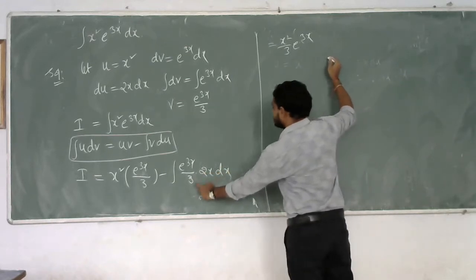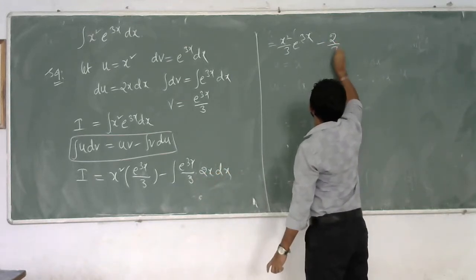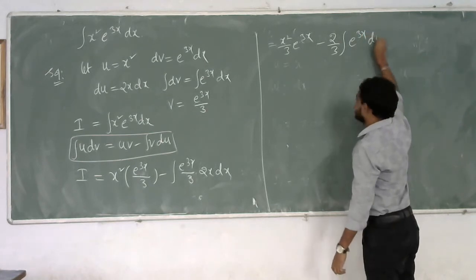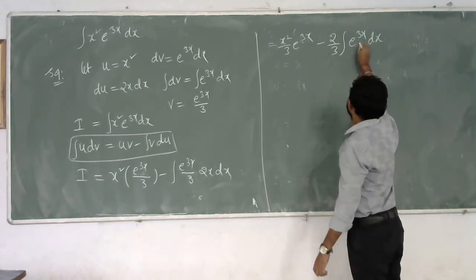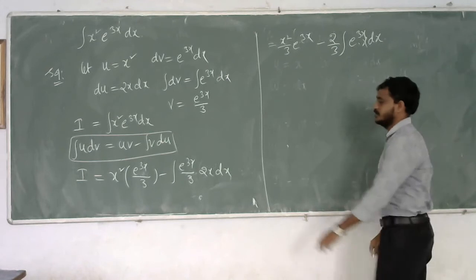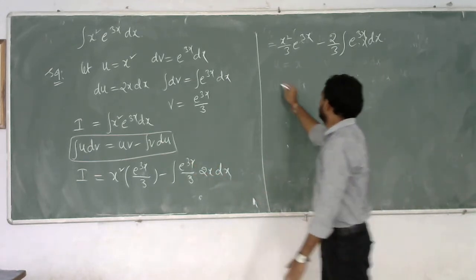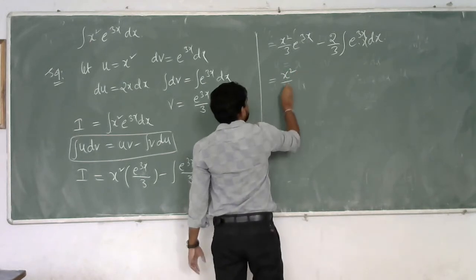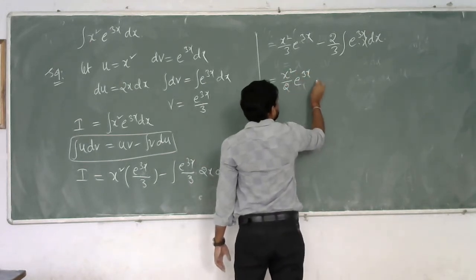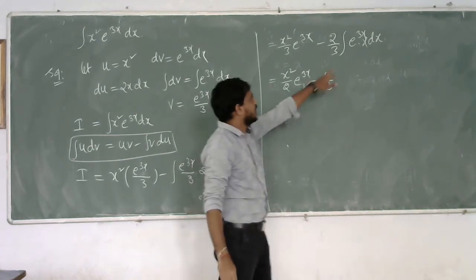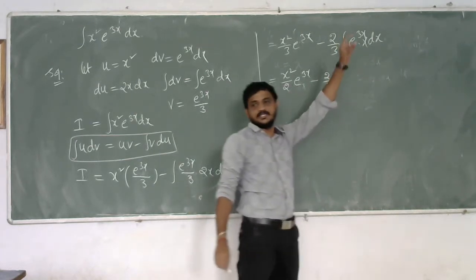Then write this 2 by 3 outside. So minus 2 by 3 into integral e power of 3x into x into dx. Again we have an integral of x into e power of 3x.